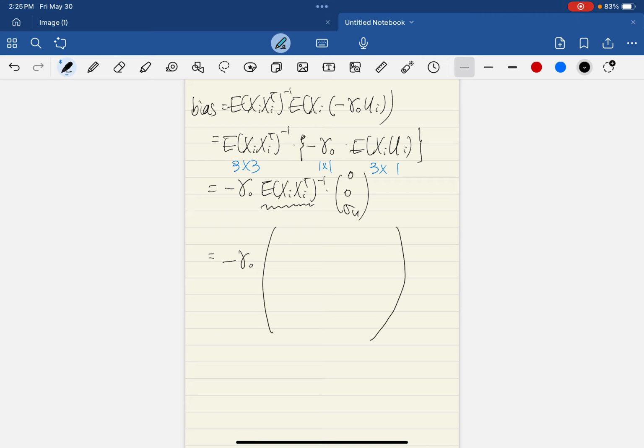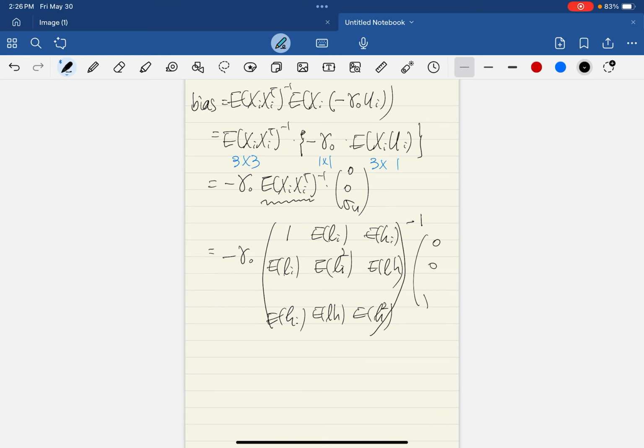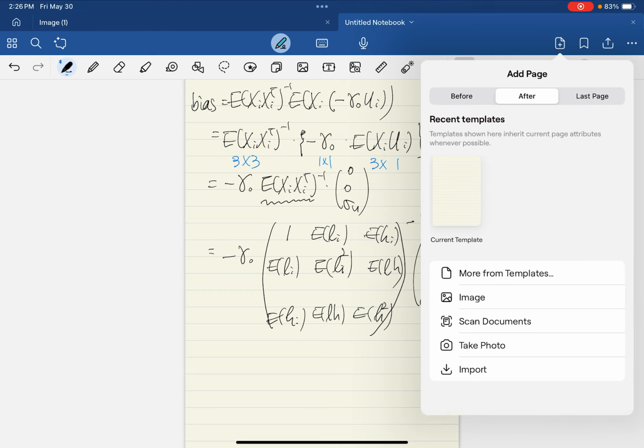It looks like x prime will take this form: 1, expectation of L_i, expectation of H_i, expectation of L_i, expectation of H_i, expectation of L squared, expectation of H squared, expectation of LH, expectation of LH. So you have to invert it, times 0, 0, sigma u squared. If this is possible, that would be great. But of course, this is not a clever way to do that.